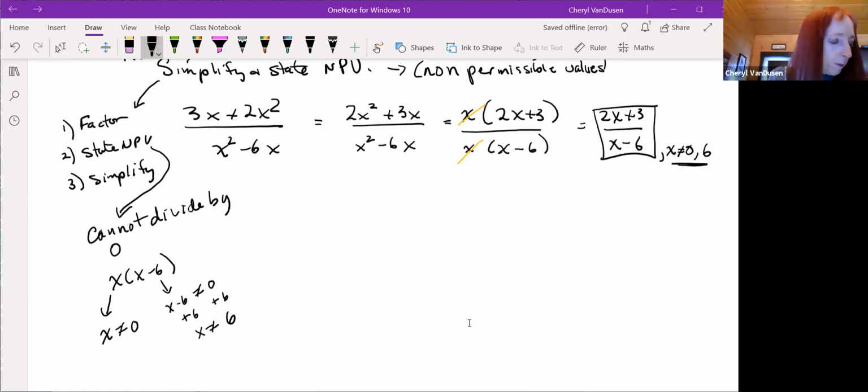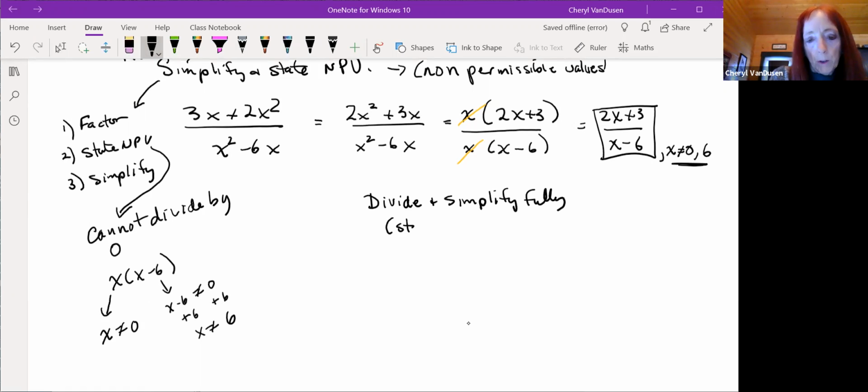So it's going to be divide and simplify fully. And one thing to note, even if it doesn't say to state non-permissible values, please state non-permissible values.